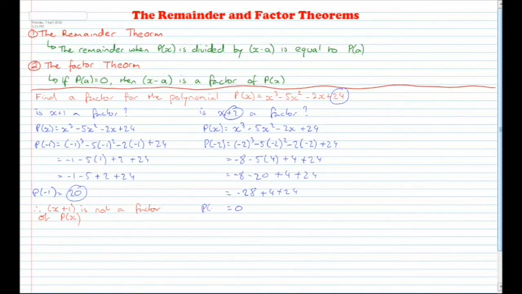Therefore p of negative 2 is equal to 0, and because p of negative 2 is equal to 0, we can say therefore x plus 2 is a factor. So therefore we know that x plus 2 is a factor of p of x being x cubed minus 5x squared minus 2x plus 24.